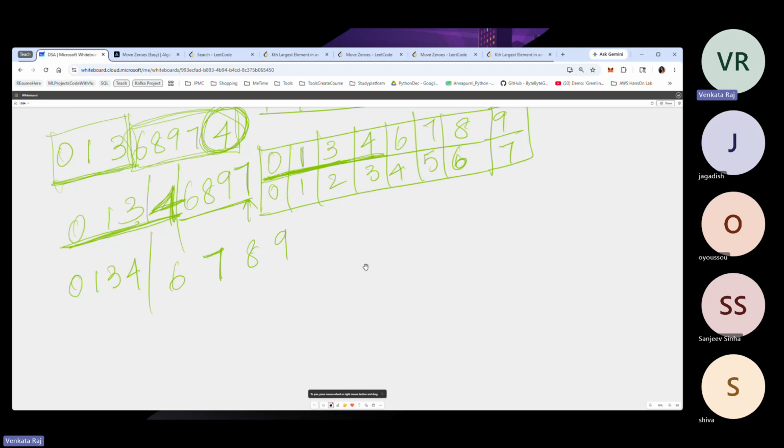So this left side I will keep intact. I'll not worry about the left side. Now I'll go with the right side. I will take the pivot, which is the last element, and only one element is there on the right side. I will place it on the left side because it is the lowest value compared to 9. Is it clear? Do we have any confusion here?